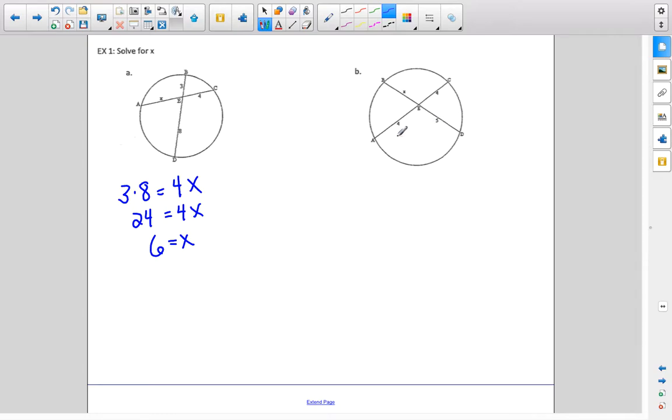Let's go over here to B. I see a 4 and I see a 4. Oh, 4 times 4 will equal 5 times x, or 16 equals 5x. And when I divide both sides by 5, I get 16/5, which is the same thing as 3.2, I believe.